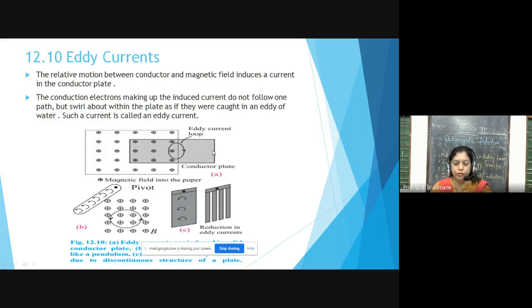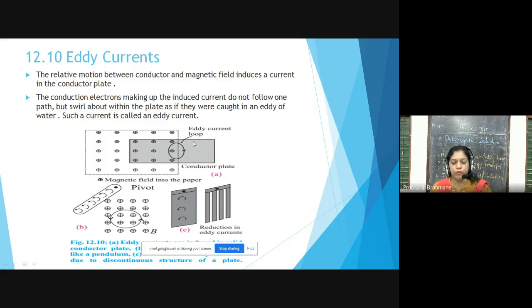Here, you will see that this plate is placed here. Because this plate is made up of a number of electrons and all are moving, suppose they are moving in one direction, then it looks like a whirlpool.